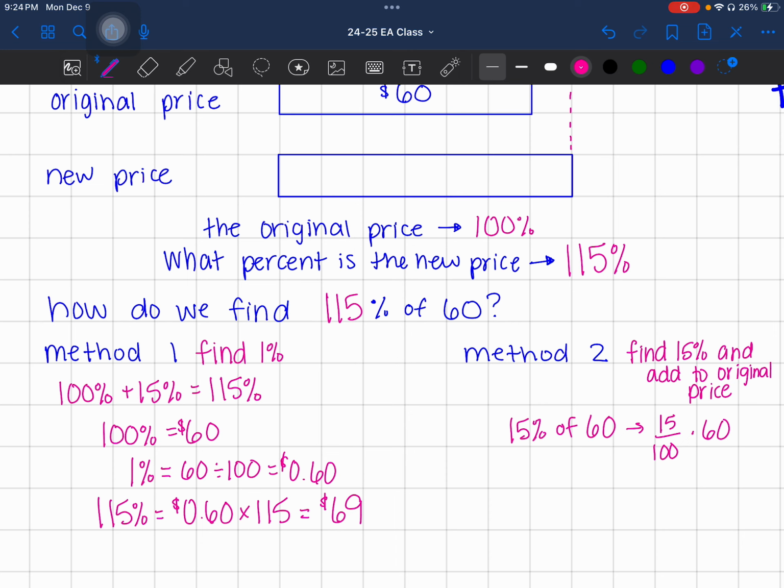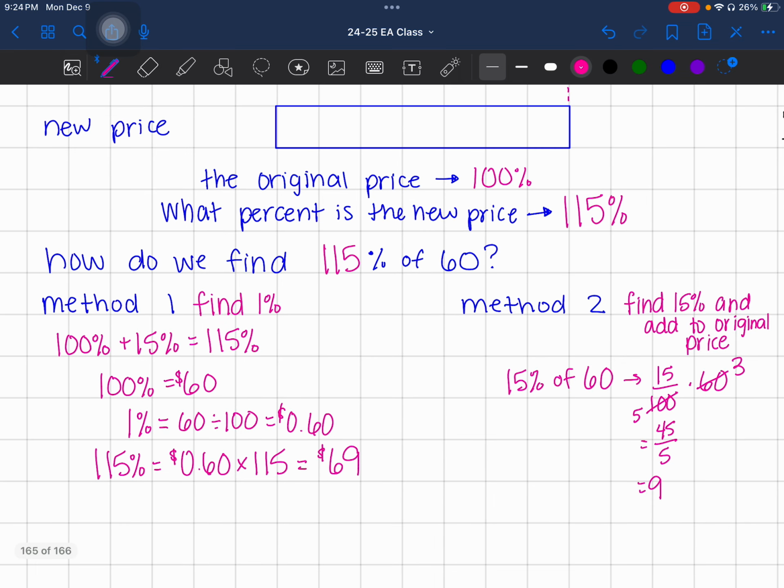We can cross cancel. This becomes 3, and this becomes 5. 15 times 3 is 45. 45 divided by 5 equals 9.